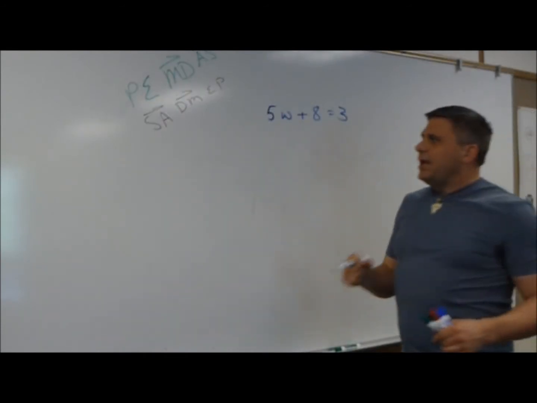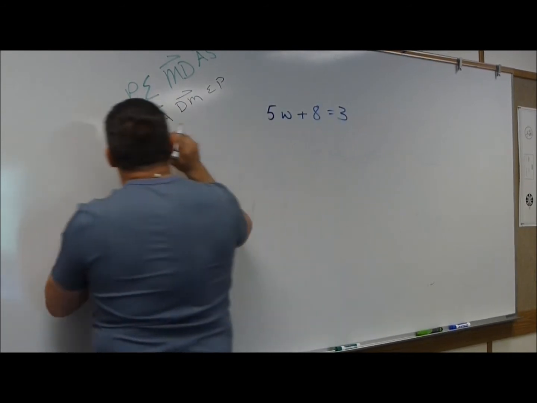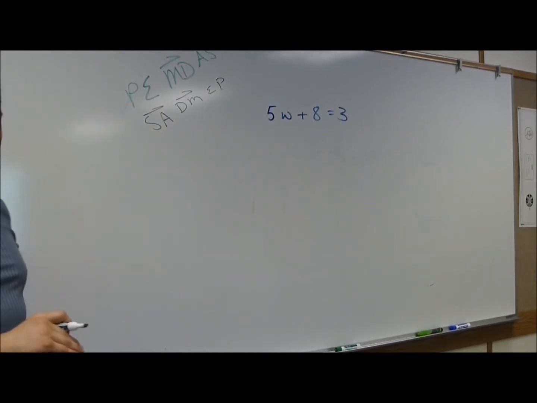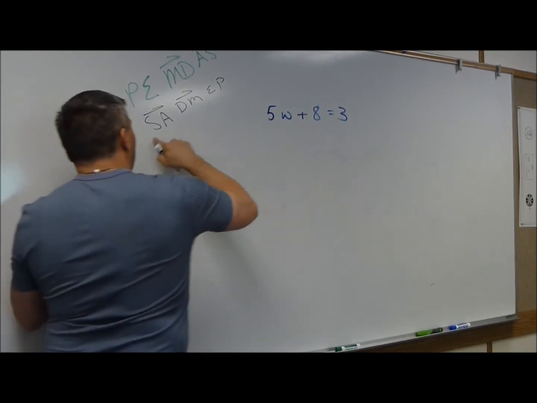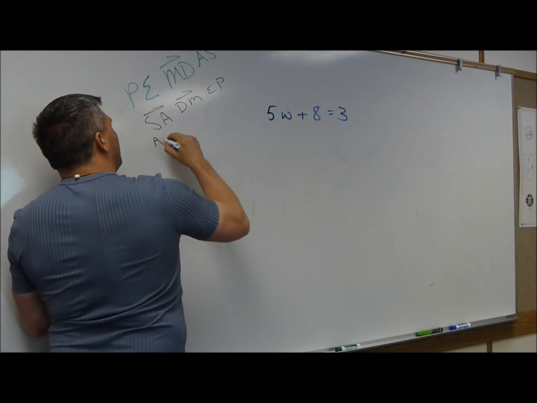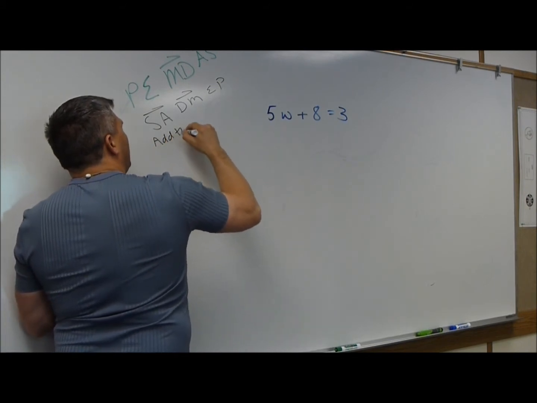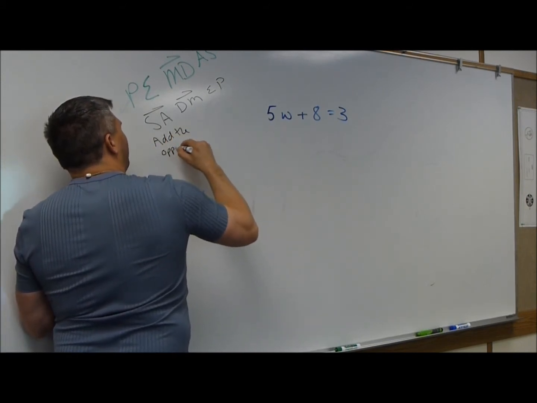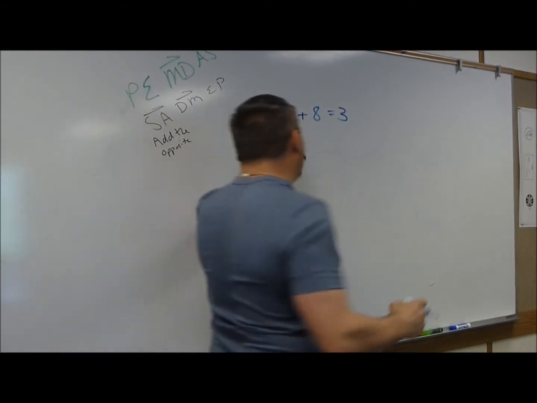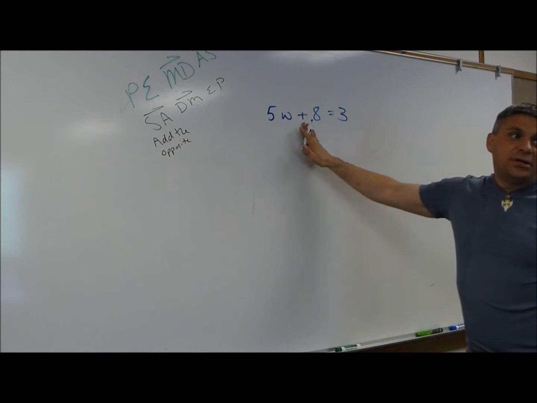Okay, and what that means is I'm going to do the opposite of what's happening to the variable. Whatever is being added or subtracted to the variable, I'm going to add the opposite.